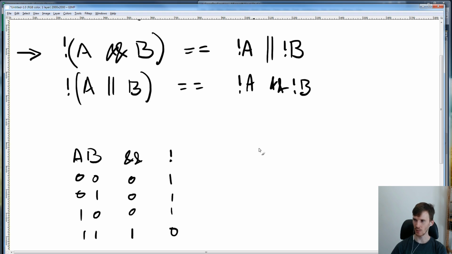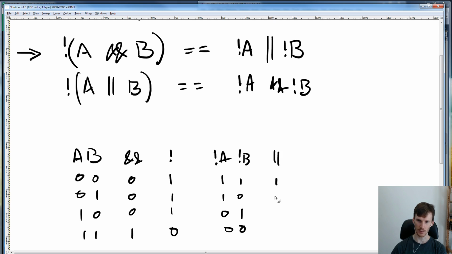By the same token, if we have not A, so these will all line up, and not B, these would be 1, 1, 0, 0 for not A, and 1, 0, 1, 0 for not B. And then we OR all those together.